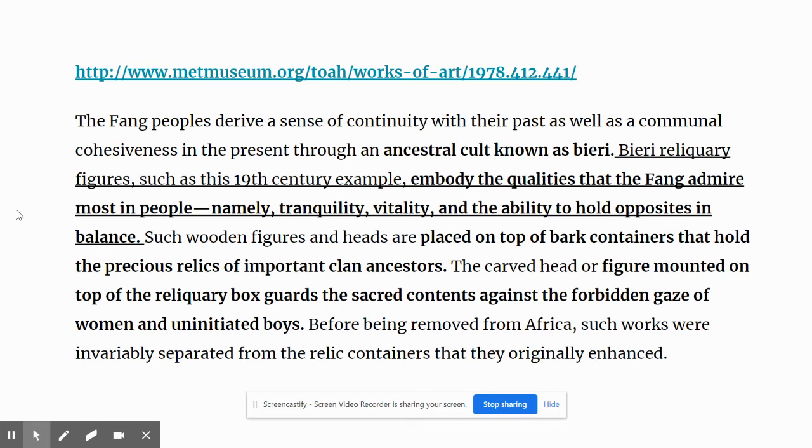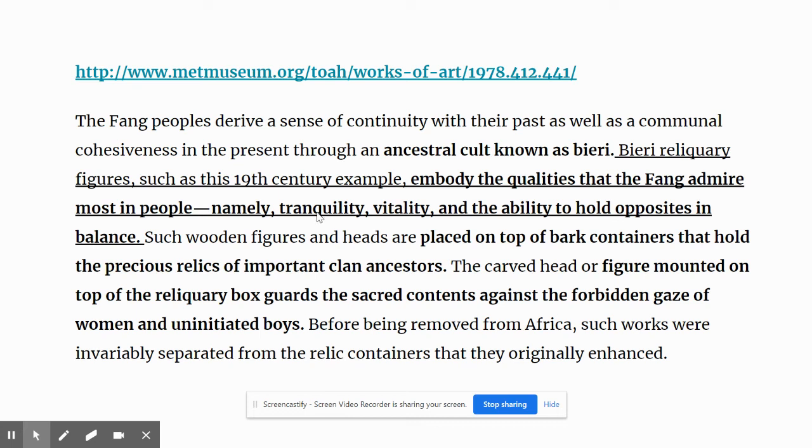So it suggests the ideal character of someone. The piece is supposed to suggest both tranquility and strength, right? The eyes are closed, but the arms, though out of proportion to the torso, could be considered muscular.